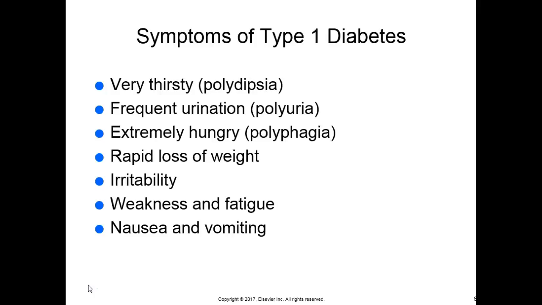This results in cellular dehydration, loss of glucose, loss of electrolytes, and increased water excretion in the urine. The cellular dehydration then sends signals that cause the patient to become really thirsty, so the patients drink a lot more water. It also causes diuresis, which causes, of course, increased urination.